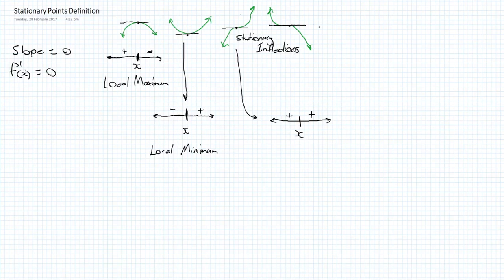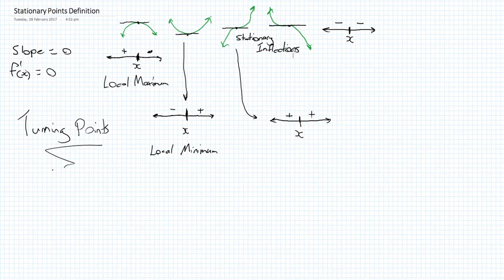And this one here, again, we've got a line, some arbitrary point x, and we can see that the slope here is negative and the slope here is also negative. So our sign diagram is going to look like that. We don't have a name for the different types of inflections, they're just both stationary inflections, hence why I've left the name like that. So we could also call these local minimum and maximum turning points.